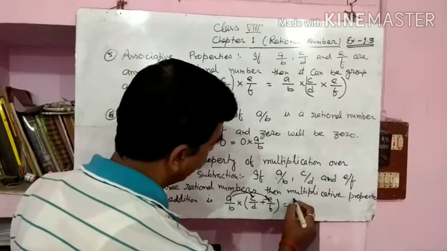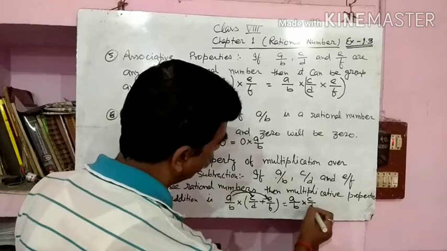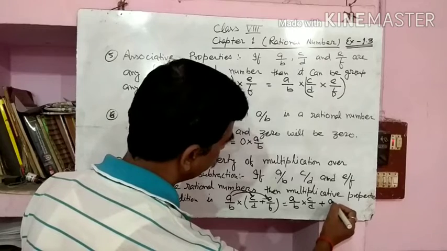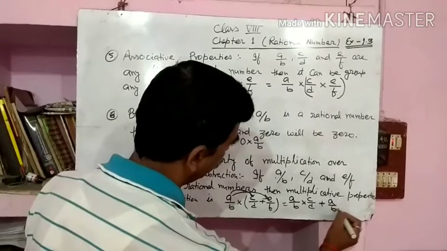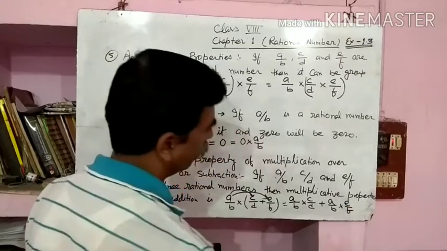So you get the result as A by B into C by D plus A by B into E by F.